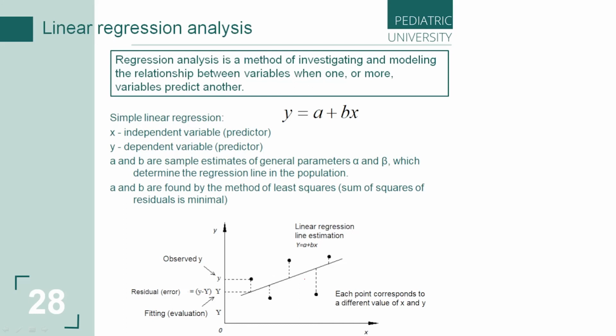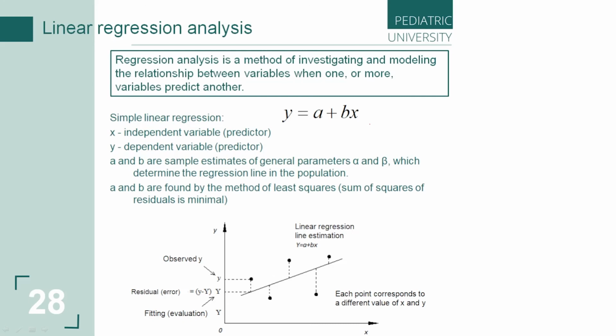What about a and b in this linear function? These are coefficients of the linear function, sample estimates of the general parameters alpha and beta, which determine the regression line in the population.